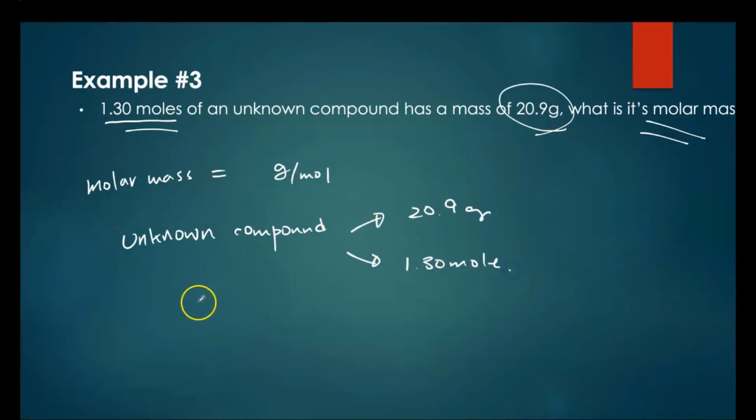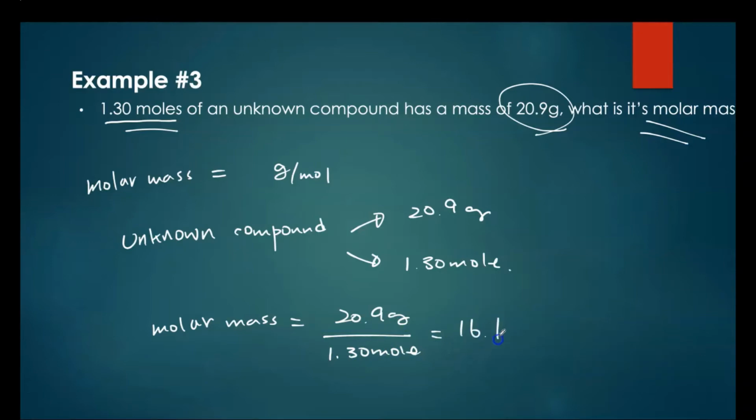So to find the molar mass of this unknown compound, we just do 20.9 gram divided by 1.30 mole. Then we get the final answer, 16.1 gram per mole, and the significant figures is 3, so we keep it as 3 significant figures.